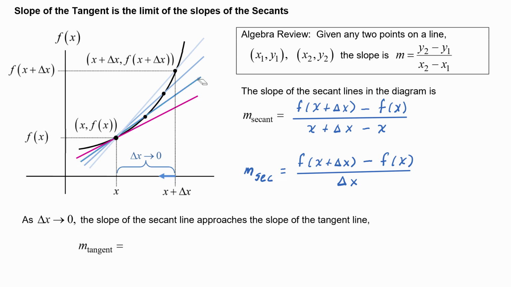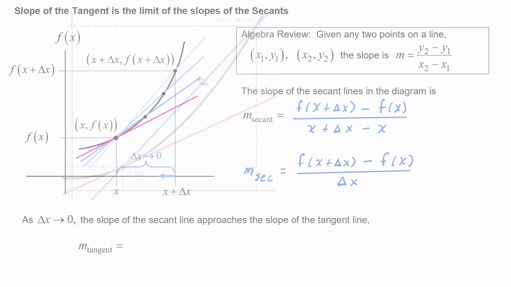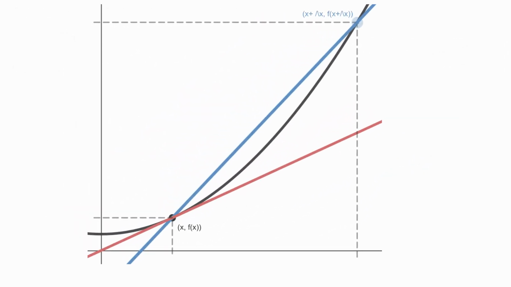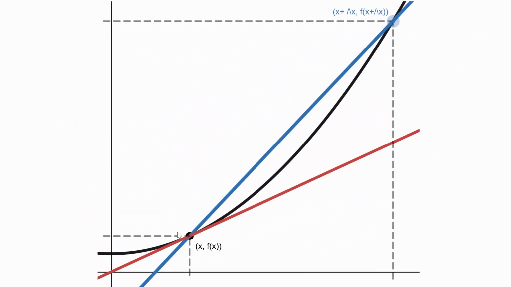Let's explore this a little further with an animation. So now let's zoom in on this diagram. Here's the curve, which is in black. We have the tangent line going through the point (x, f of x) in red.